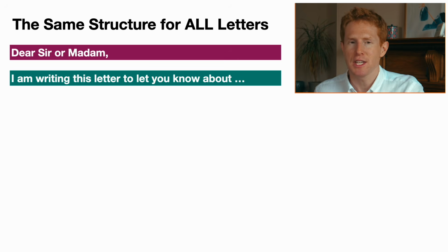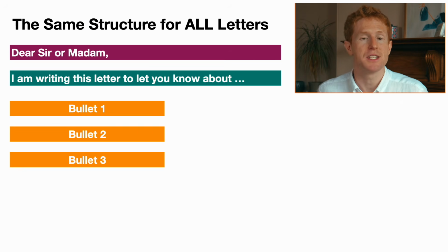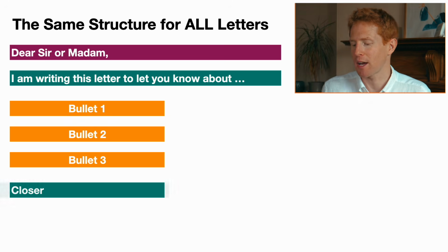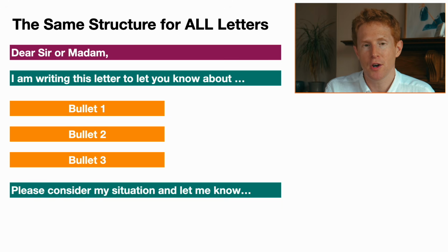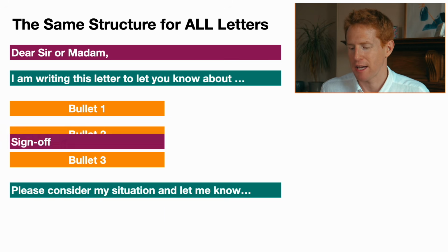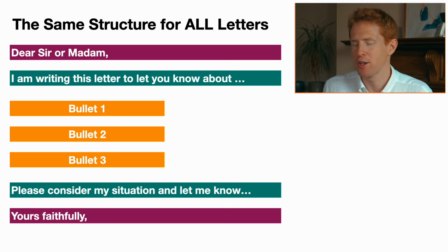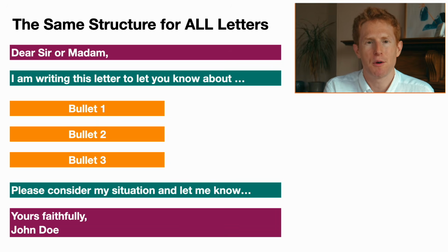And then we're going to deal with the 3 bullet points in separate paragraphs. We're going to have a closer, which is going to be something like, please consider my situation and let me know. And then we're going to have a sign-off, which is where you say something like, yours faithfully, John Doe. So that would be if it's a formal letter. If it's informal, you might say something like, all the best, John.